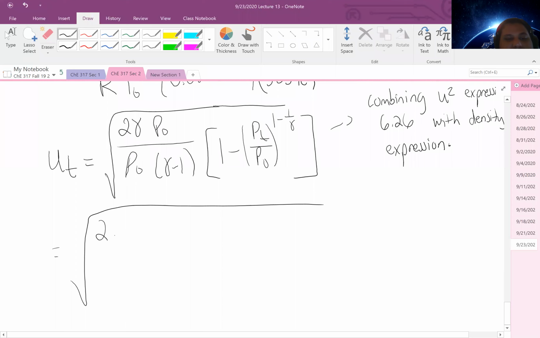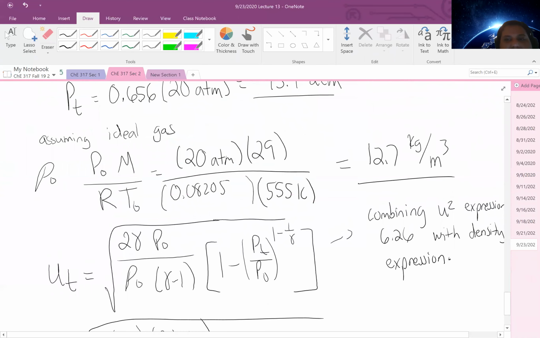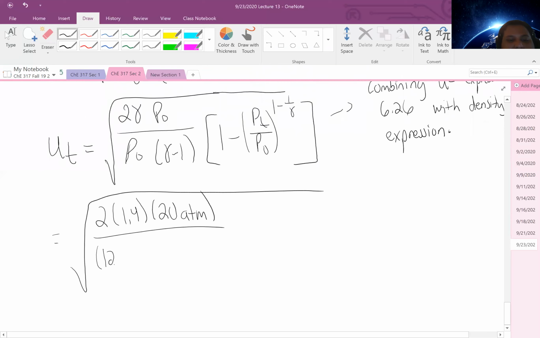So we have 2 times 1.4. P naught is 20 atmospheres. Rho naught we just solved for, 12.7 kilograms per cubic meter. And then this would be 0.4 because it's gamma minus 1.